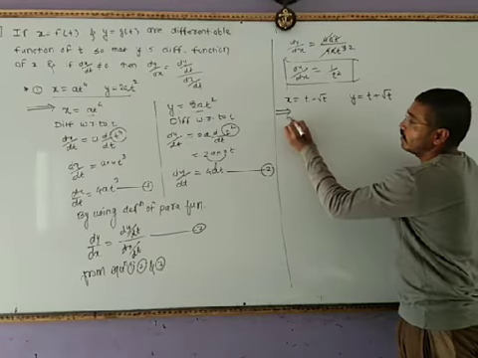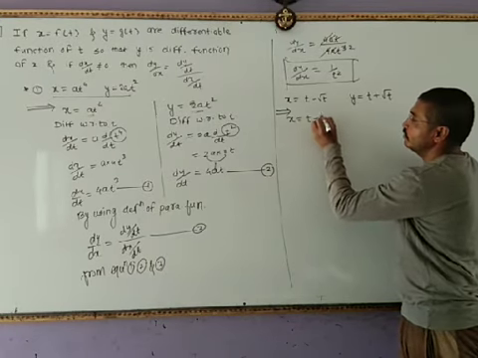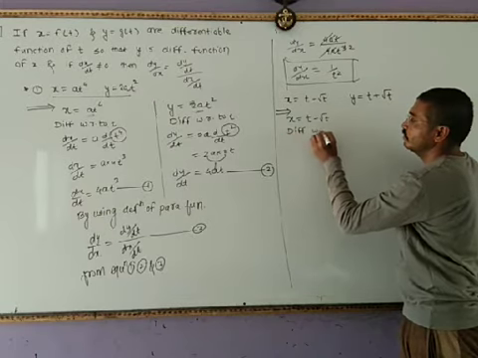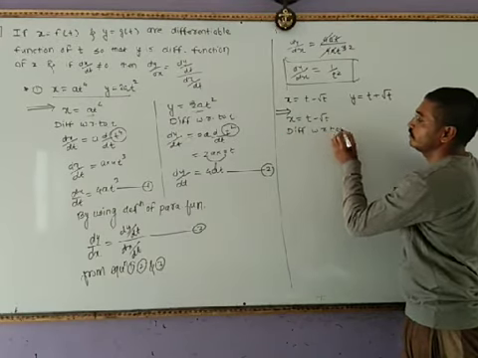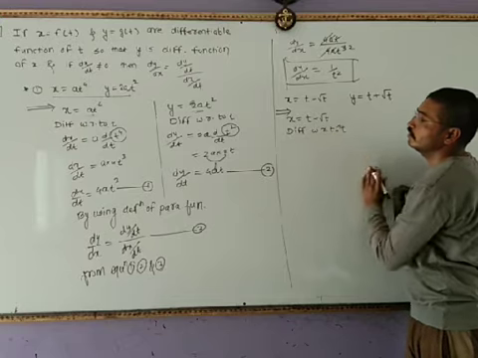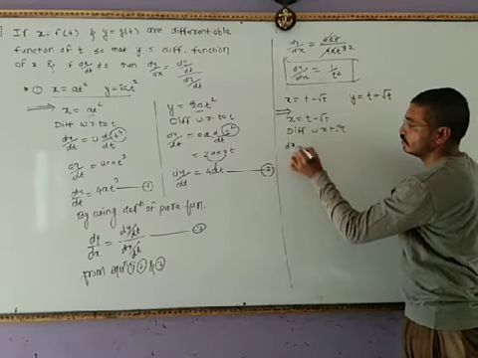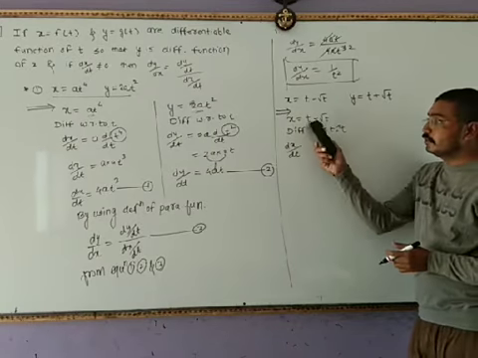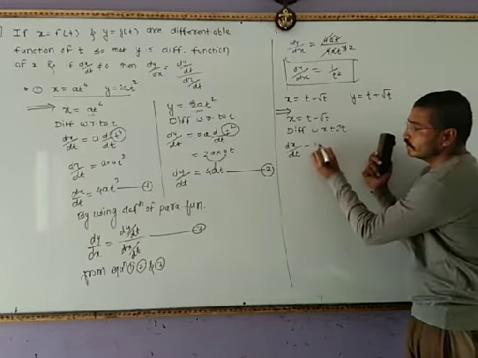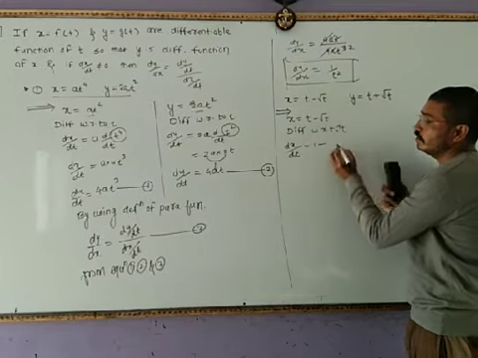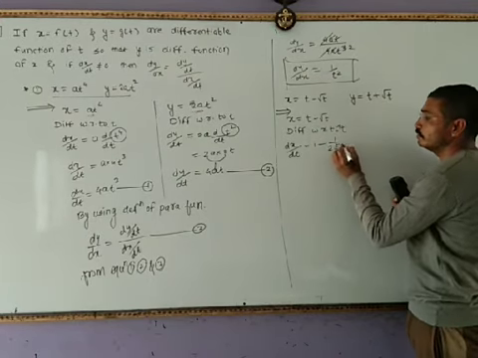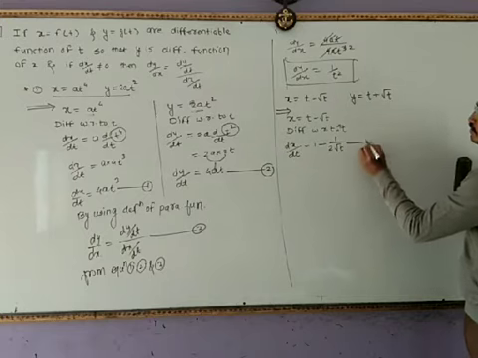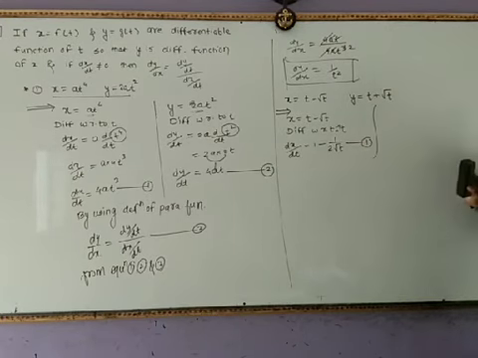So x is equal to t minus root t, differentiate with respect to t. dx upon dt: the derivative of t is 1 minus the derivative of root t, which is 1 upon 2 times root t. This is equation first.